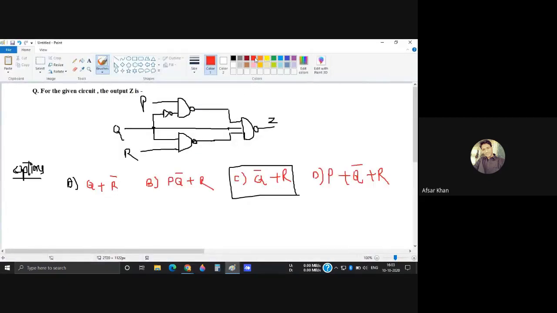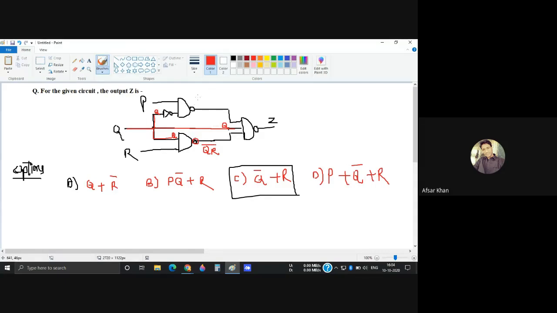So if we solve this circuit, at this point what are we getting? Here we have Q input. This same Q is here also, and the same Q is going here also. Now at this output we'll get QR bar.